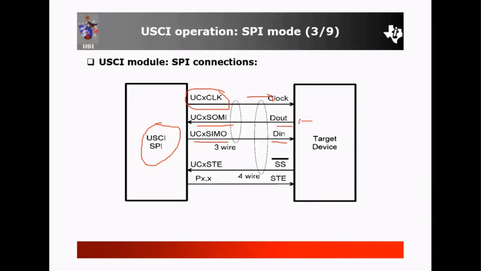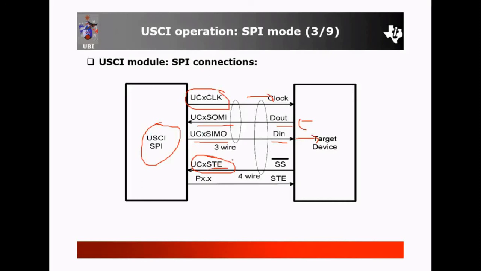One is the output of the target device, and the other is the input of the target device. Now one is called UCxSTE. STE means slave transmit enable. So when it is enabled, then you are able to transfer the data.